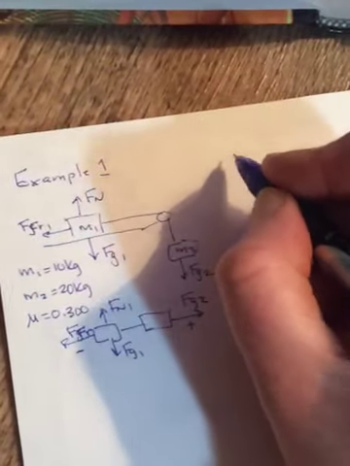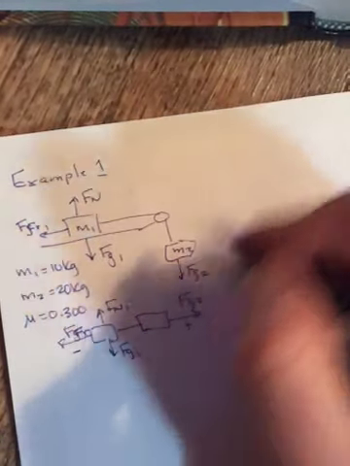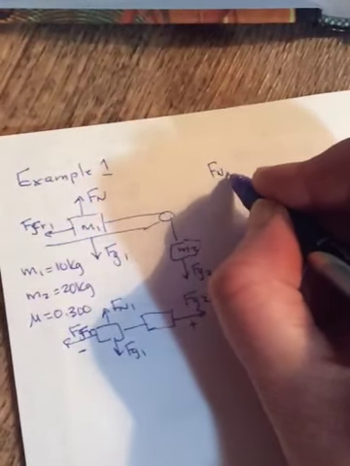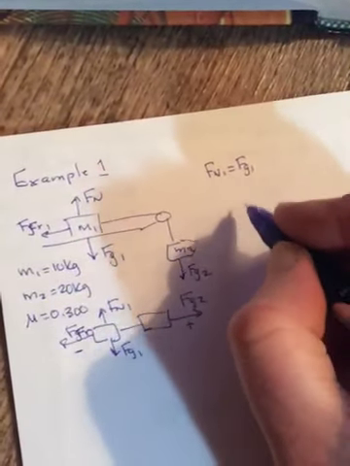So if you want, you could start by finding Fn, but hopefully you know Fn on 1 is just going to equal Fg1 because it's on a level surface. Okay?